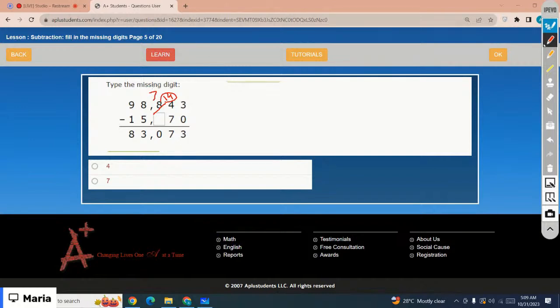You already have 7. 7 take away what number equals 0? 7 take away 7 is 0. The correct option is 7.